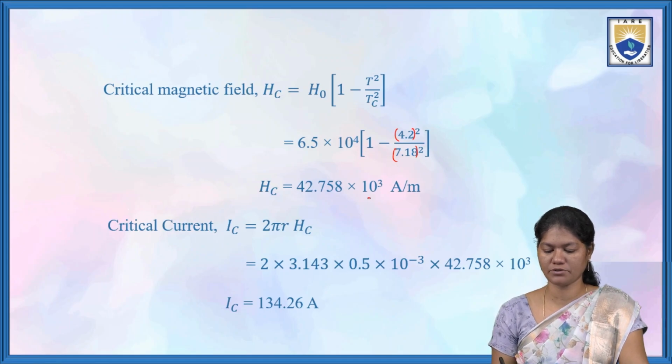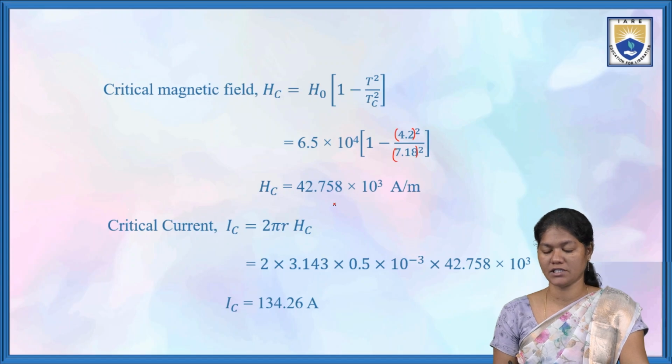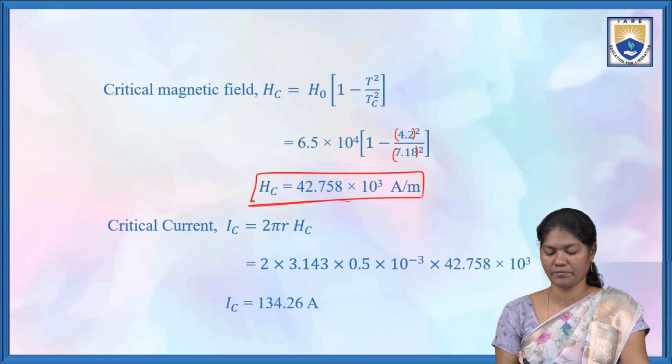So substituting, we have Hc, critical magnetic field, equal to 42.758 into 10 power 3 ampere per meter.